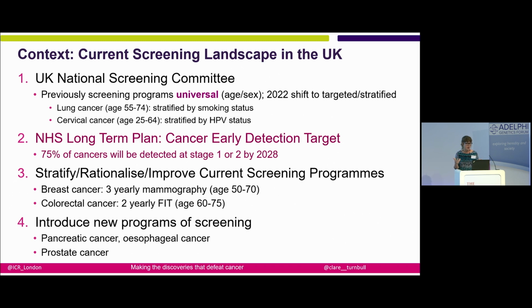These national screening programs are very intensive, expensive and use a lot of resource, so there is an enthusiasm that they could be rationalised and restricted or better targeted to individuals identified to be at high risk. There is a real drive to introduce prostate cancer screening in particular, but also for cancers with very high mortality and high unmet need, cancers like pancreatic and esophageal cancer. Can we change outcomes if we can find them earlier?